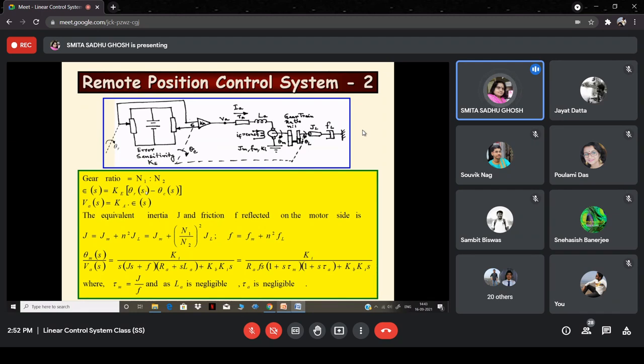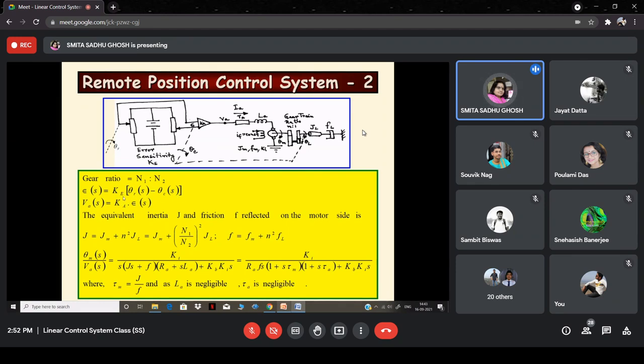The equations are directly written in the Laplace domain. You could have written them as differential equations and taken the Laplace transform, of course, I hope you understand that. Here epsilon S is the output of the potentiometric error detector, and it's proportional to the difference between theta r and theta c. So epsilon S is equal to some constant Ke into theta r minus theta c S, where Ke is known as the sensitivity.